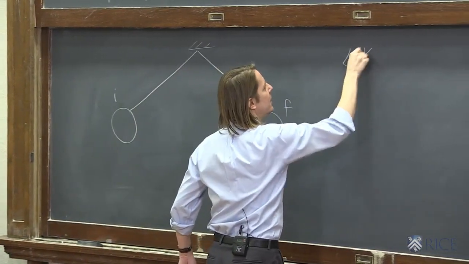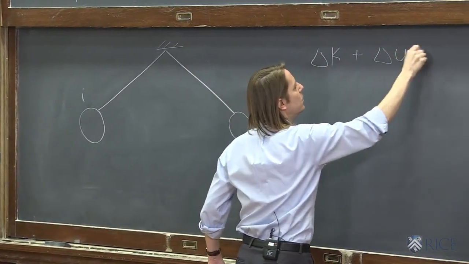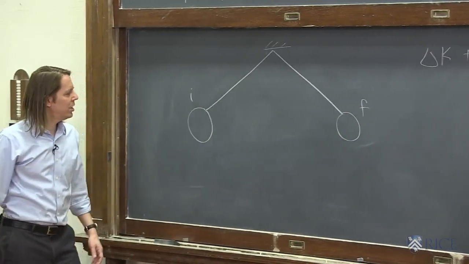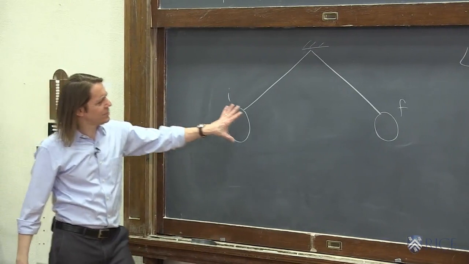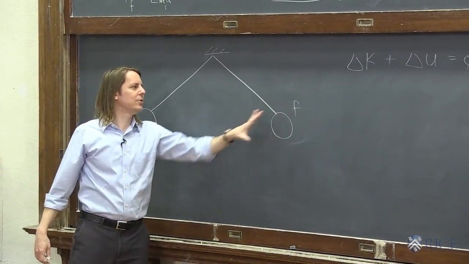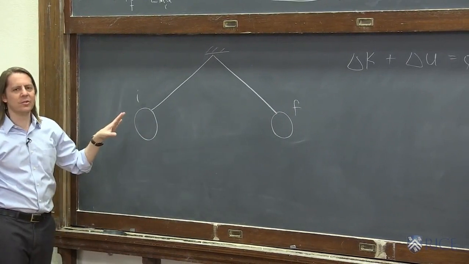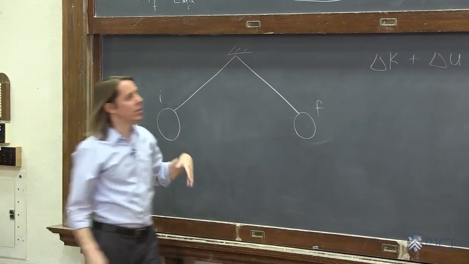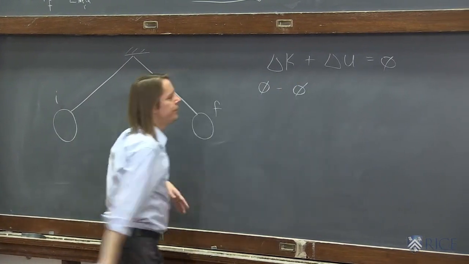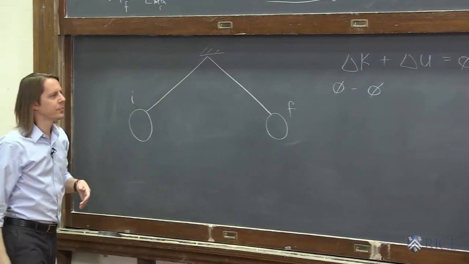That would be delta K plus delta U equals 0 is the convenient formula. This is the initial and the final, and this is the point where it stops. It swings up, stops to go the other way. So at both positions, it's at rest. So the final kinetic energy is 0, and the initial kinetic energy is 0, because the velocity is 0.